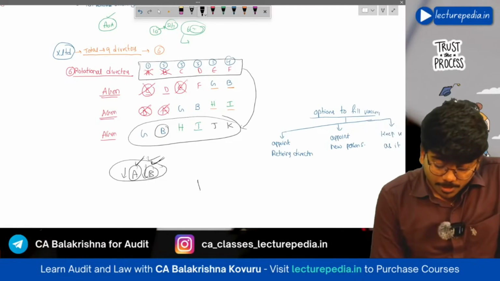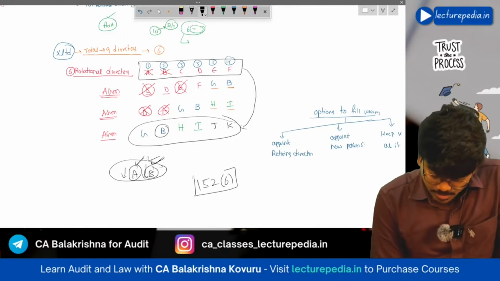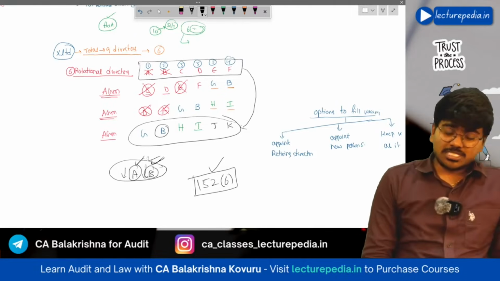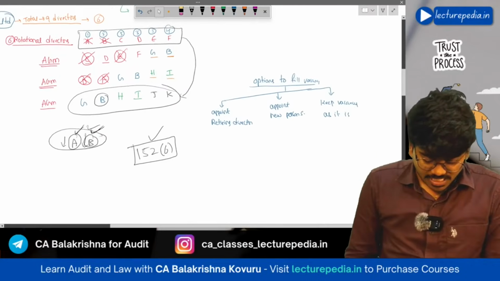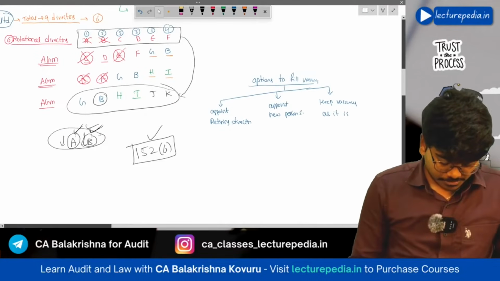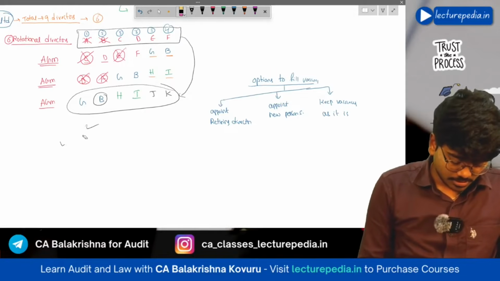So by this we have completed discussion of section 152 subsection 6. Now in continuation, section 152 subsection 7. Let us continue the same example.